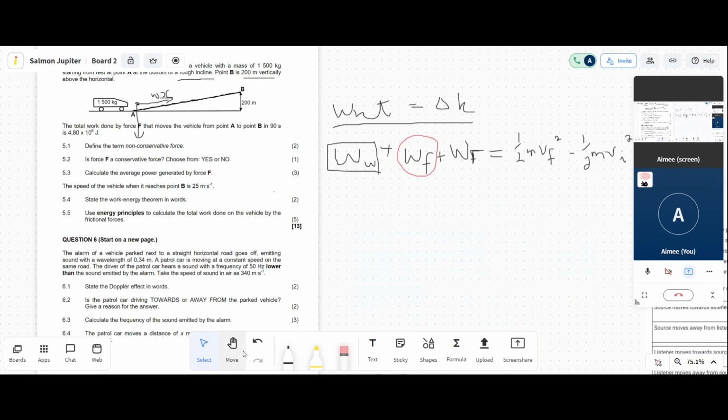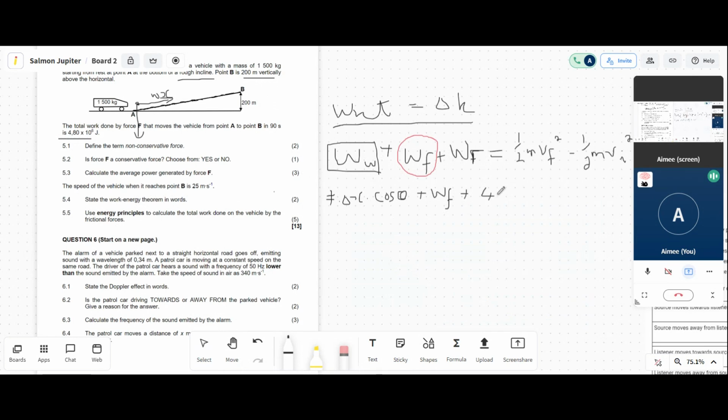As I said, for the work done by weight, it's going to be the force multiplied by change in x multiplied by cos theta, because that's our formula for work. Okay, and we have all of these values, plus the work done by friction, which is what we're looking for, so we substitute in nothing, plus the work done by force F, which they already gave us. That was 4.8 times 10 to the 6.